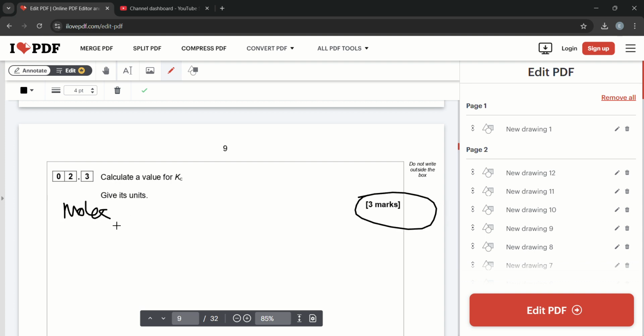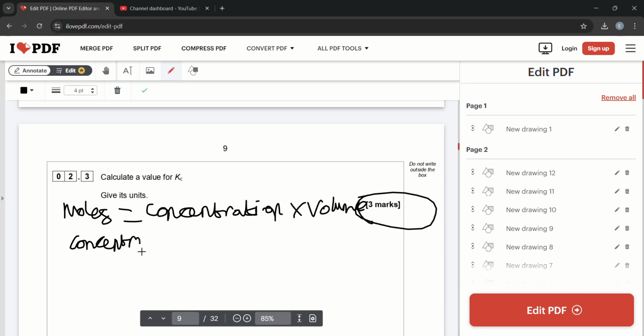It would be 1 mark. We are also going to have to give the units. Moles equals concentration times volume. Therefore, rearranging it, concentration equals moles divided by volume.